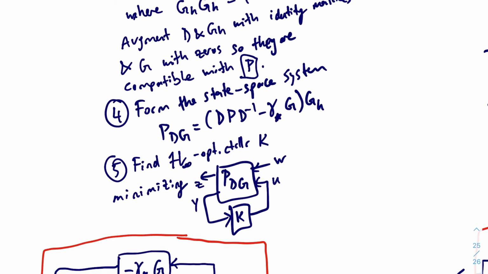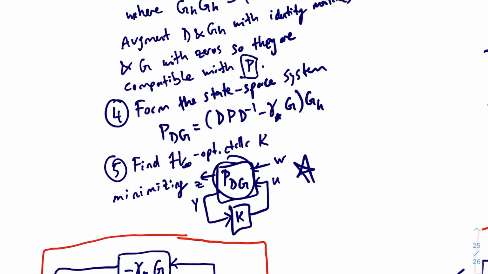So in the fourth step, form the state space system P sub DG. Again, I'm not going into the details of it, even though I don't go into the details, the lecture time is not short at all.